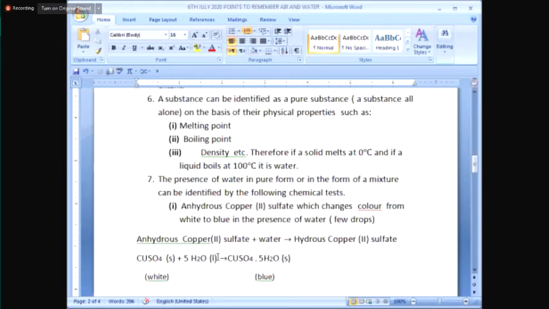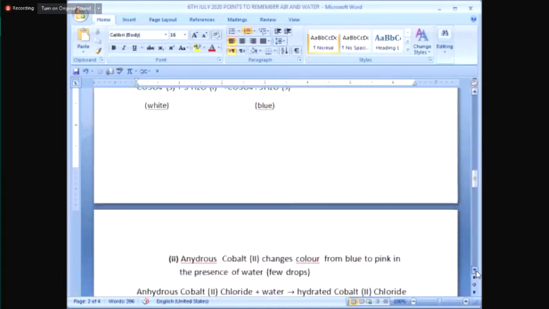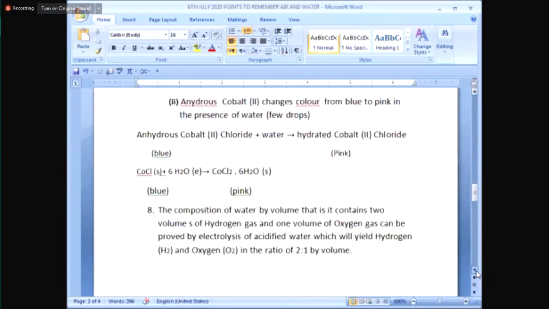Now next, please, the next equation. If you roll up the screen, the next test is anhydrous cobalt 2 chloride.